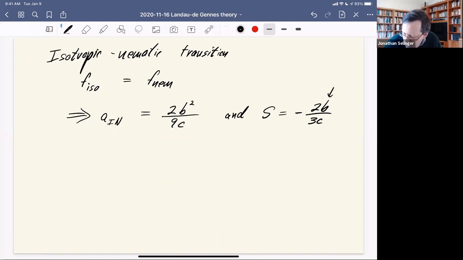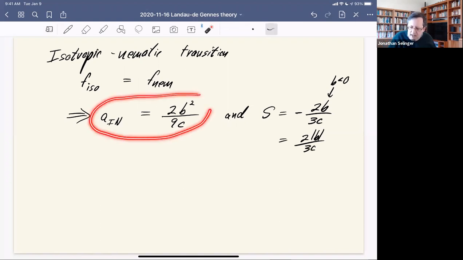And remember that b is negative. And so this is a positive number. It's 2 times the absolute value of b over 3c. So this goes along with what I was telling you a few minutes ago, that the transition occurs at a specific positive value of the parameter A, not at A equals 0.